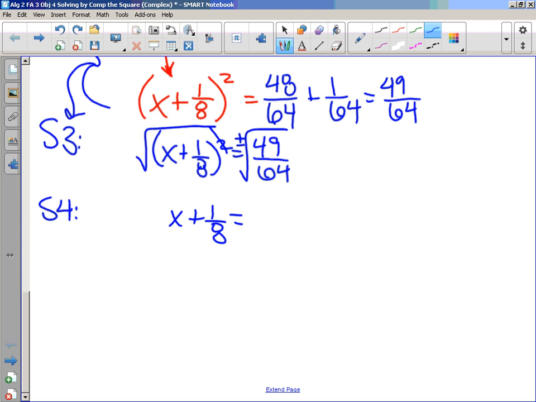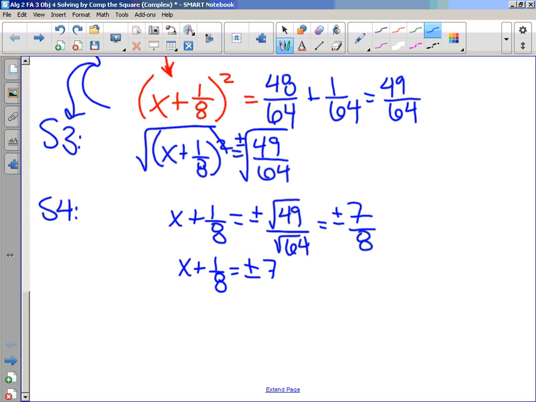And then when I have the square root of a fraction, I can split that up, square root of the top, square root of the bottom. And that's nice because 49 and 64 are both perfect squares. Turns into positive and negative 7/8. So I've got x plus 1/8 equals positive or negative 7/8.